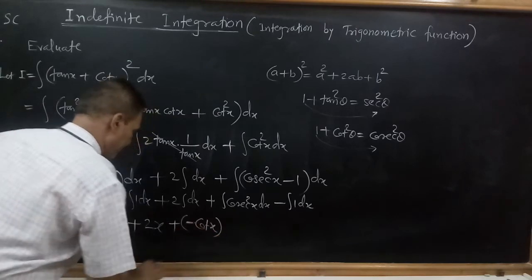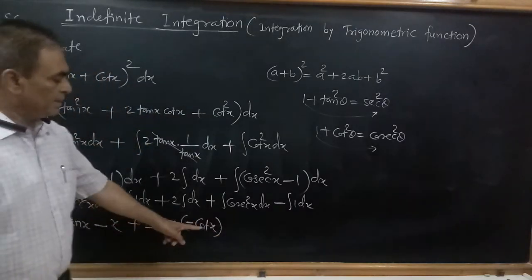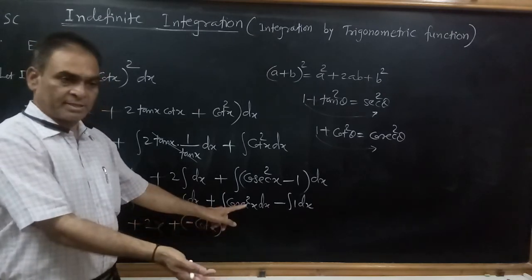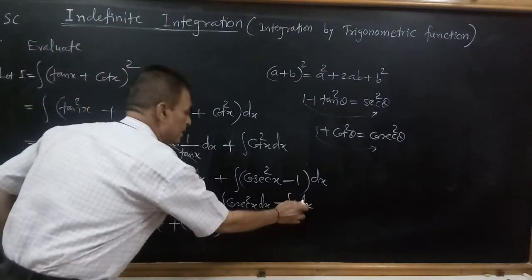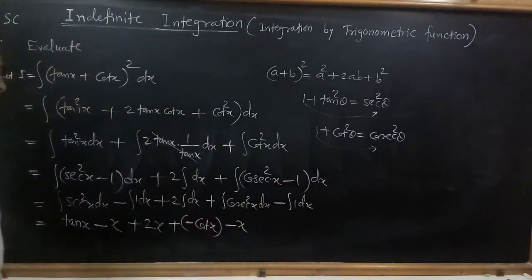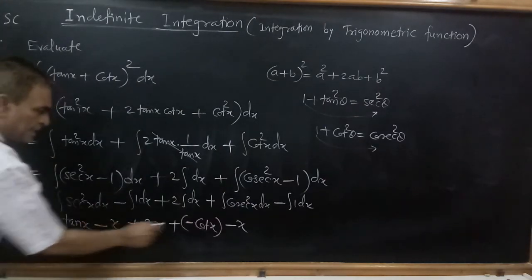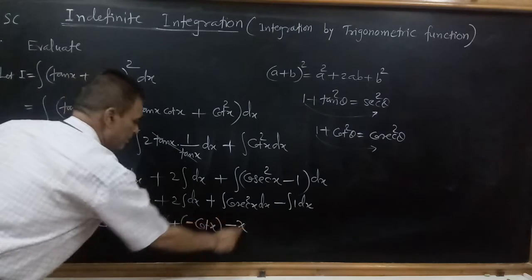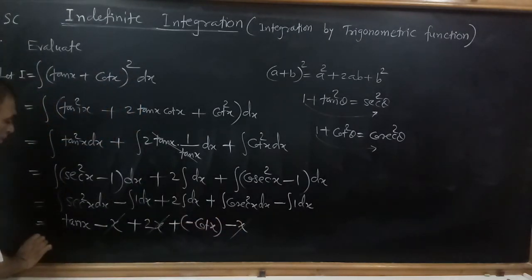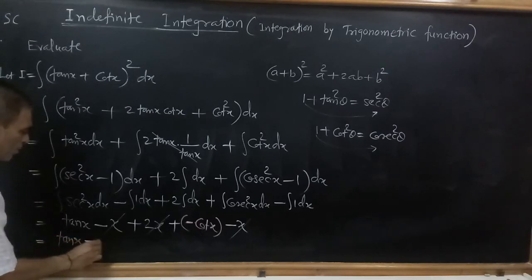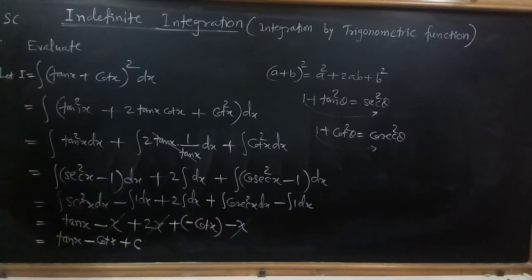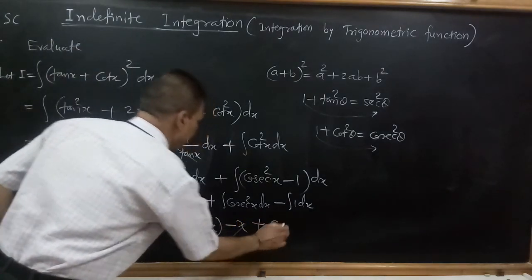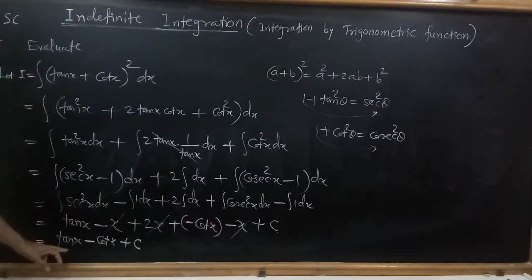This is the standard formula: the derivative of cot x is minus cosec square x. Therefore, integration of cosec square x dx is minus cot x, minus integration of dx, which means x. Here plus 2x minus x, the x terms cancel. Only the remaining final answer is tan x minus cot x plus some constant of integration c. Here also you get the constant of integration c, and this is the final answer.